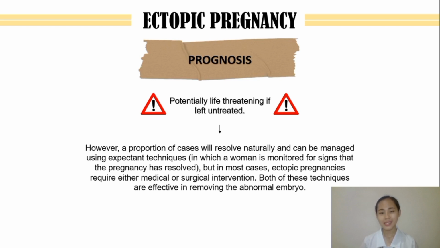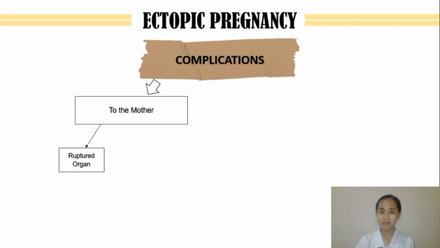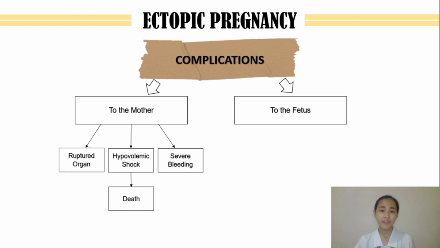Both of these techniques are effective in removing the abnormal embryo. The complications of ectopic pregnancies to the mother are first, a ruptured organ, second, severe bleeding, third, hypovolemic shock that will result in death. To the fetus, death.